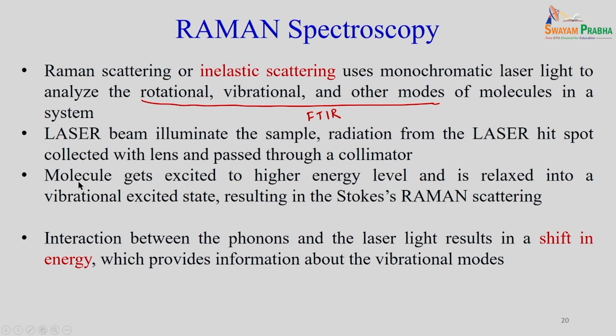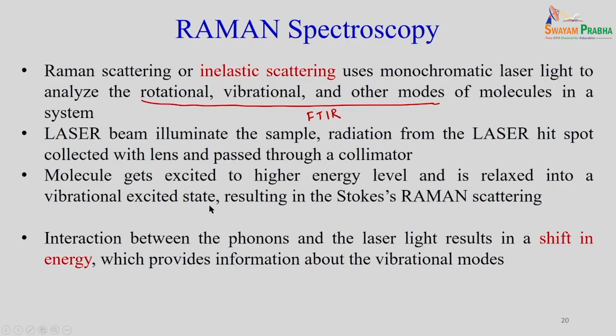Now, if you expose a molecule to the laser, the molecule gets excited to a higher energy level and relaxes into a vibrational excited state. Because of this scattering, the interaction between the photons and the laser light results in a shift in the energy, and this shift provides information about the vibrational mode.